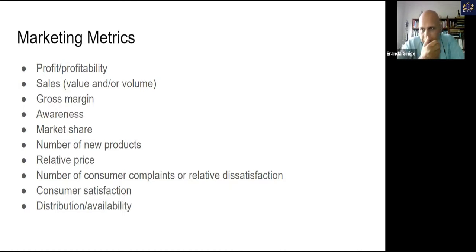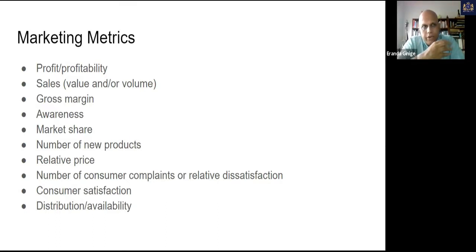It can be gross profit or net profit, either way, profit. I mean, income minus expenditure, basically. So the idea is that if your marketing plan is successful, then you will have more profit, right?